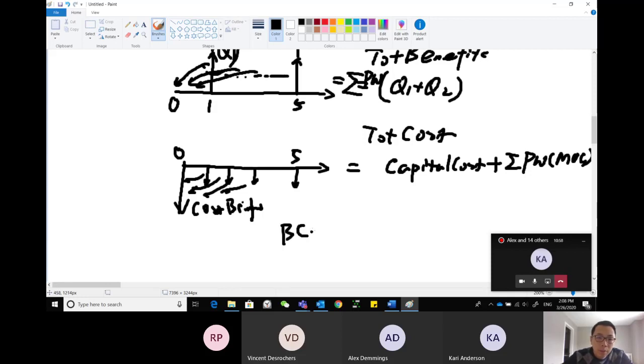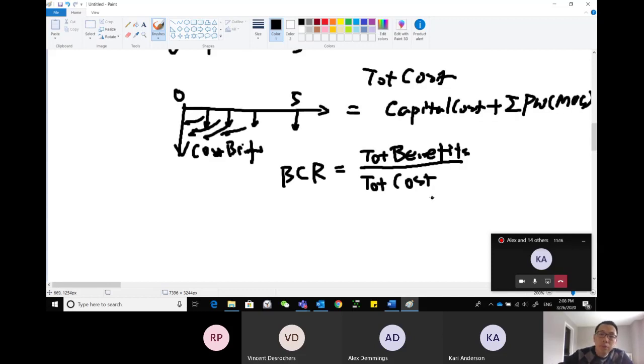So our BCR, the benefit cost ratio here, will be basically the total benefits of building the bridge, giving 5 years, divided by the total cost, right?